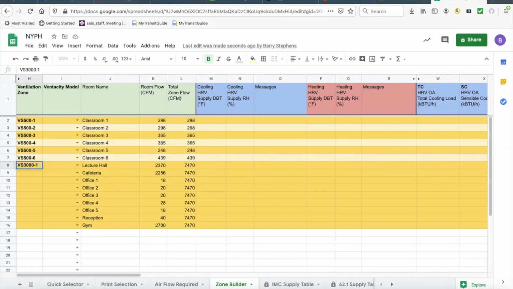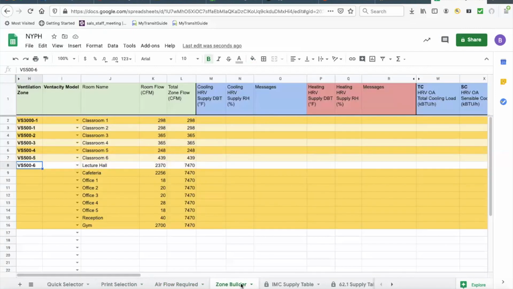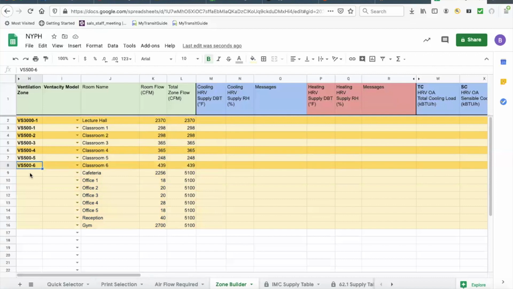The lecture hall, if we go back here, is designed for 300 people, and you've only got 20 people in there, you obviously don't want to be running at that full 2,200, higher than 2,200. So, yeah, lecture hall's there. It's got its own zone.